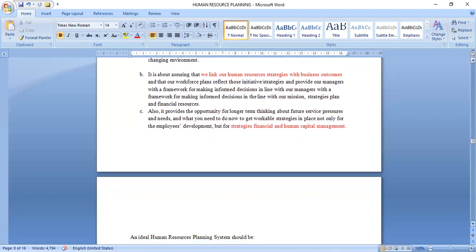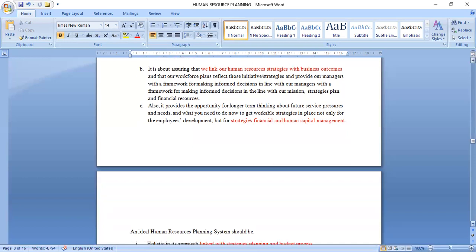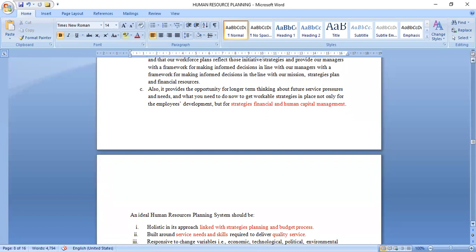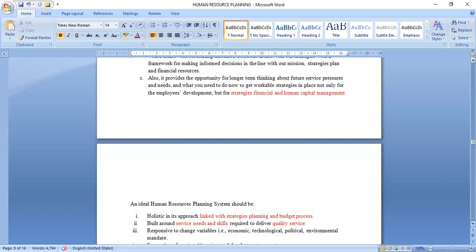goals. Like we've already seen, one of the needs for human resource planning is that these organizations achieve their goals. And then also, while doing human resource planning, organizations should make sure that at the end of the day, the human resource planning meets the financial and the human capital requirements.